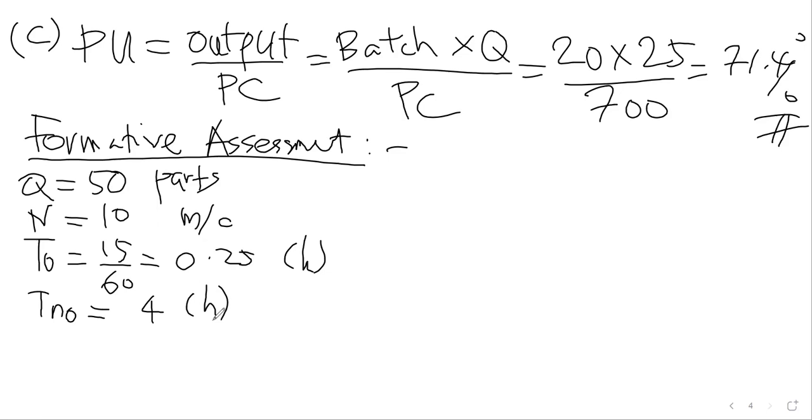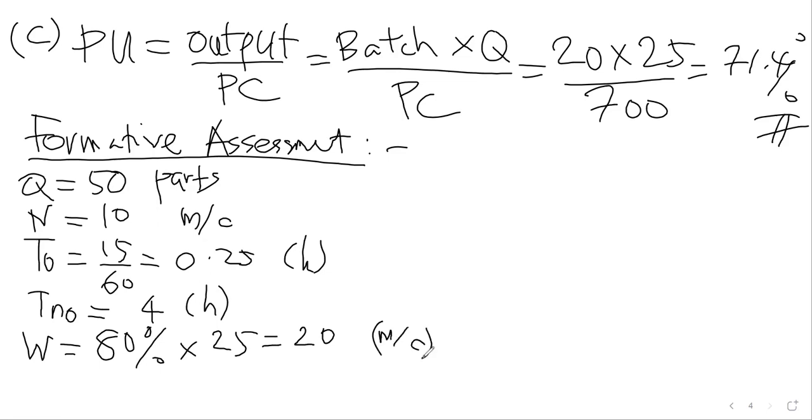So W, the machines that can be operated, is only 20 machines. In this operation they only use 10 machines, but the total available is 20 machines operable out of 25. Okay, that is the data.